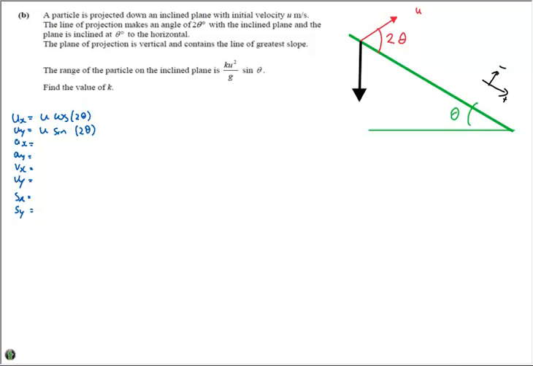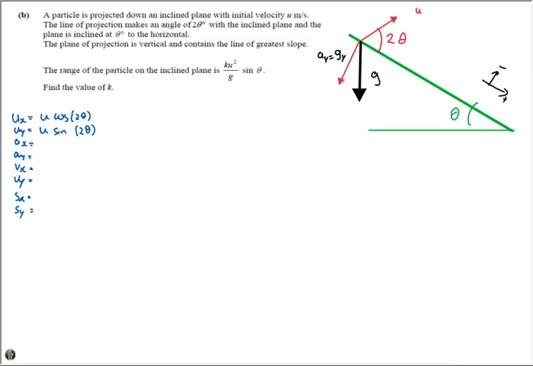So I'll just show where that comes from. If you imagine that gravity will be coming directly down, we can express gravity as a component directly perpendicular in the y direction there. So this is g. This would be g in the y direction, or the acceleration in the y direction is this red vector here.